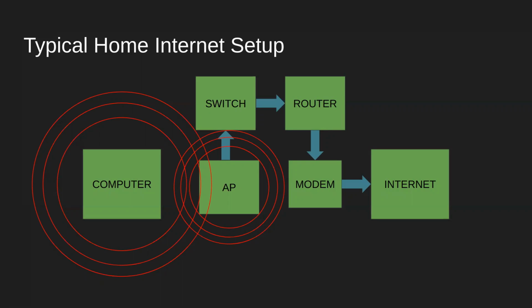The access point is responsible for decoding and encoding radio waves, and your computer also has a chip on board that will decode and encode data into radio waves. A lot of home devices will combine the access point, switch, and router into a single box, and sometimes they'll also combine the modem into a larger box.